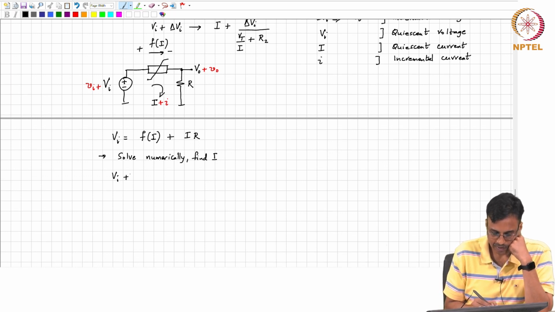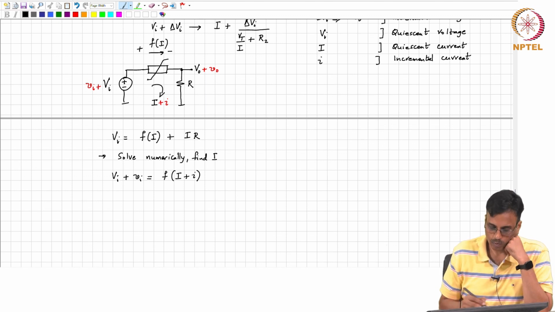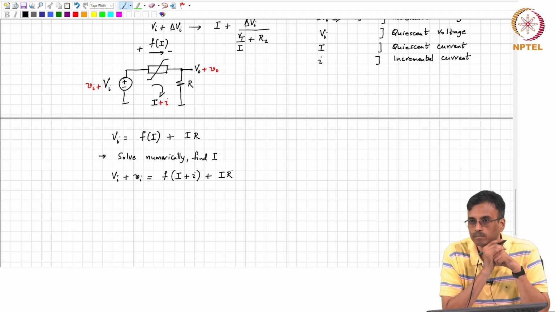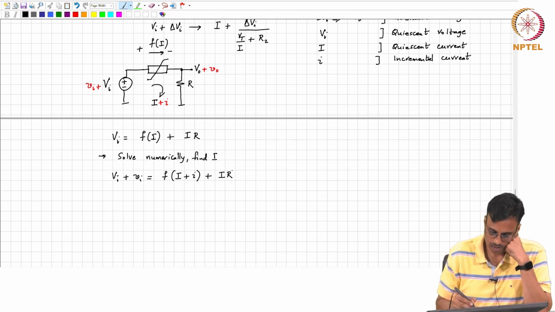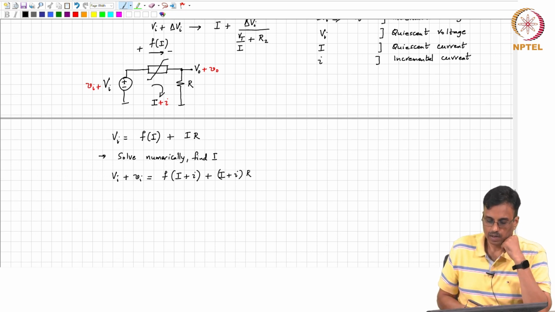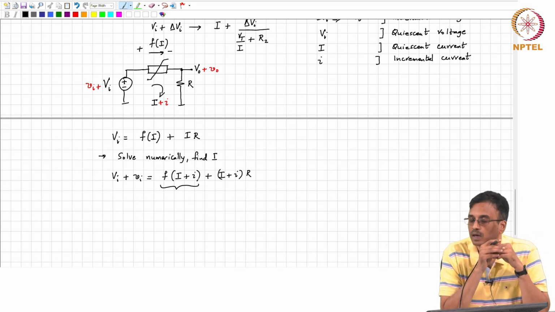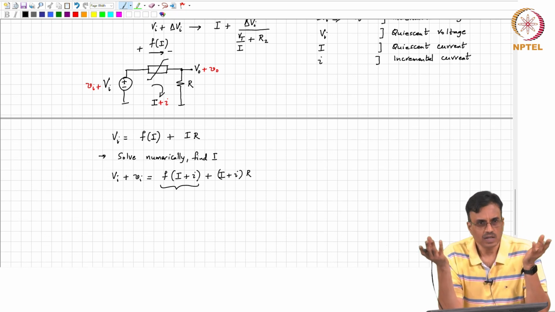Vi plus small vi is nothing but f of capital I plus small i, plus capital I plus small i times R. Very good. Now, how will you relate f of capital I plus small i in terms of capital I? Use the Taylor series.